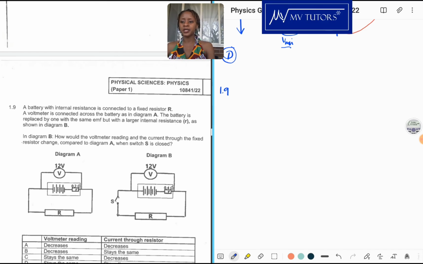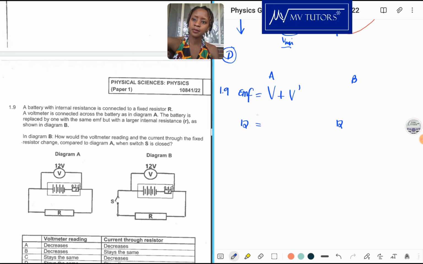So what would the voltmeter reading be? With diagram B, if I use the formula EMF equals your potential difference plus your lost volts, your EMF remains the same. Your EMF is 12 in both scenarios. Your internal resistance initially was 0.2, right? So we want this reading basically.